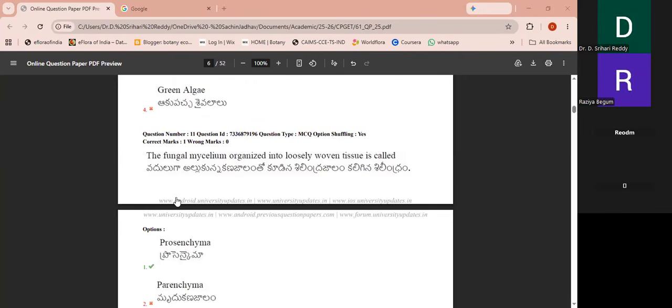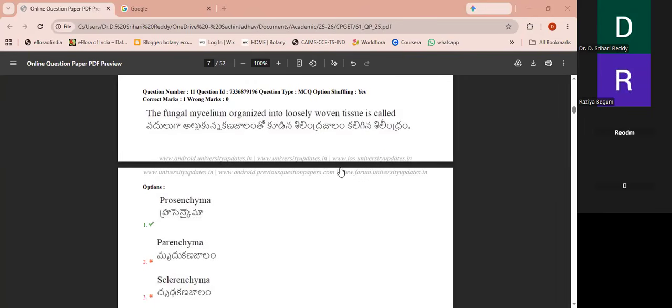Now the question came from the fungi. The fungal mycelium organized into loosely woven tissue is called. Fungal organisms have a body in the form of filaments, and the body formed by the filaments is called mycelium.